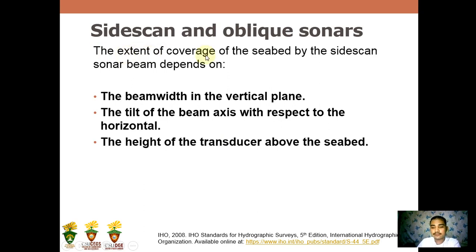Kay kung for example mabaw ra or shallow ra imong hydrographic survey, tapos nakalublob imong echo sounder, gamay na lang ang nabilin nga height nga i-travel sa iyang sound waves.